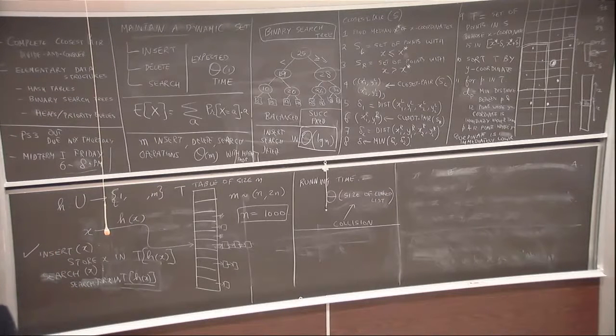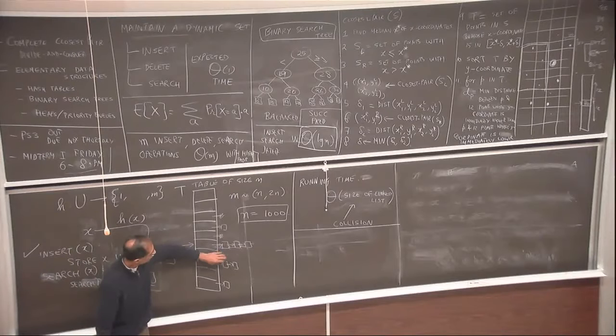Yes? Basically, I have the same idea as him, but right now I have another idea. Maybe when we find a collision, we can go to the next empty spot. Okay, so when you find a collision, we could move it to the next empty spot. That would certainly remove the collision. Except when I next search for it, I still have to figure out, maybe it was a collision, that's why I moved to the next point.